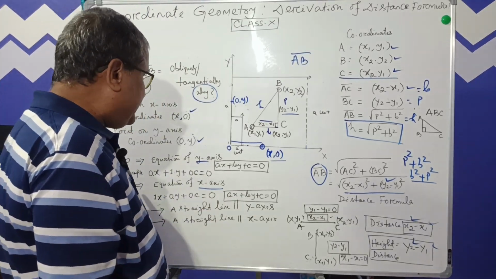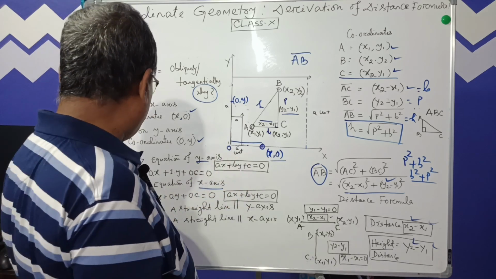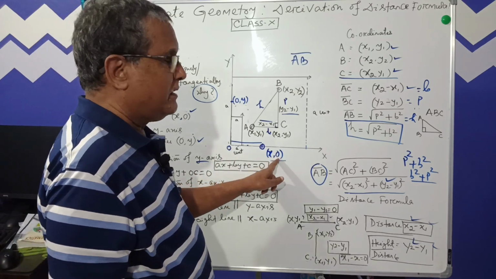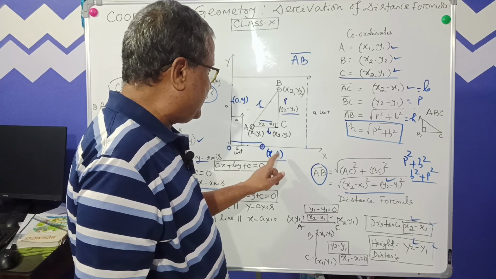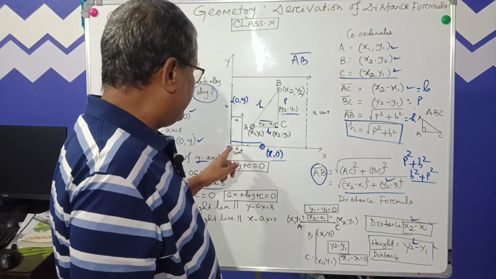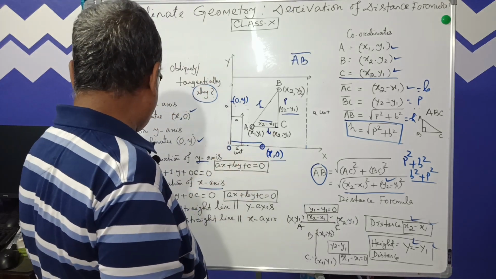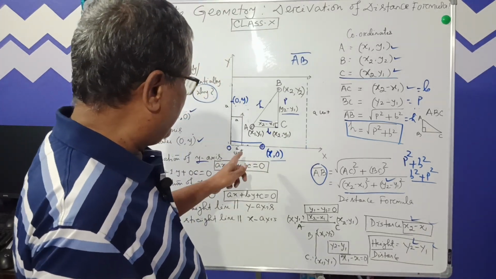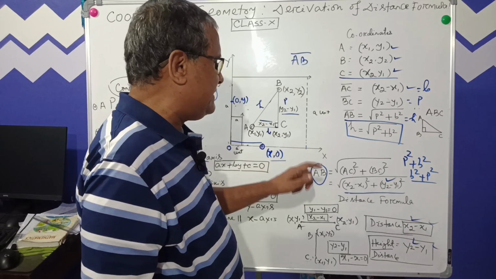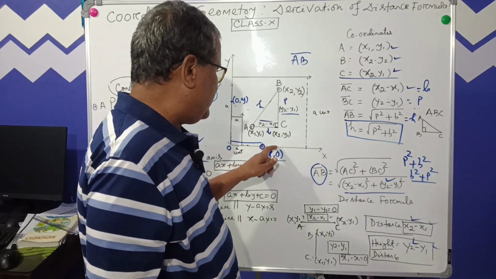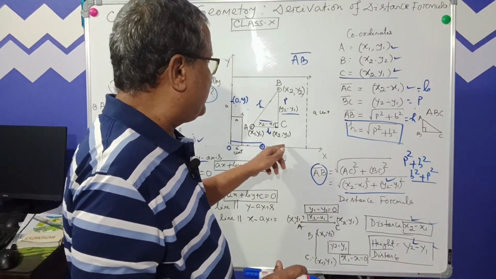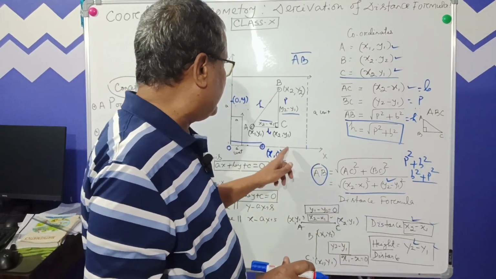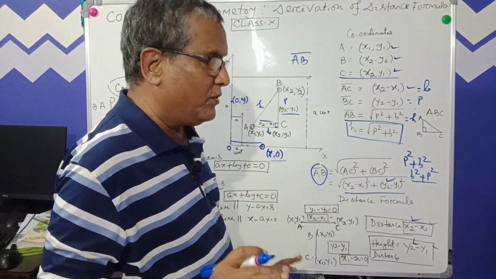And if y is 0, then that is the equation of the x-axis. On the x-axis, for each and every point, the y coordinate is 0.